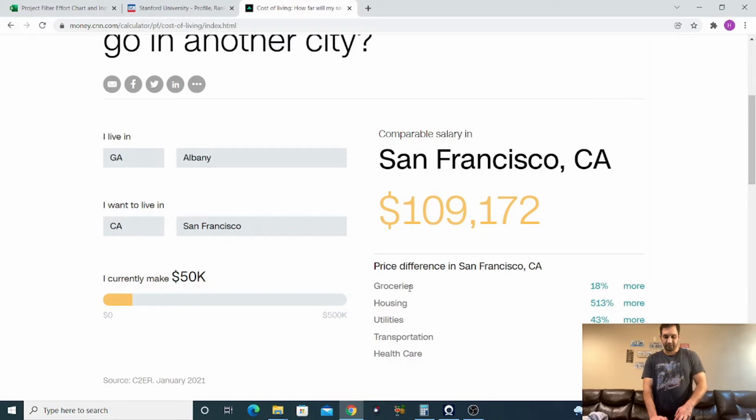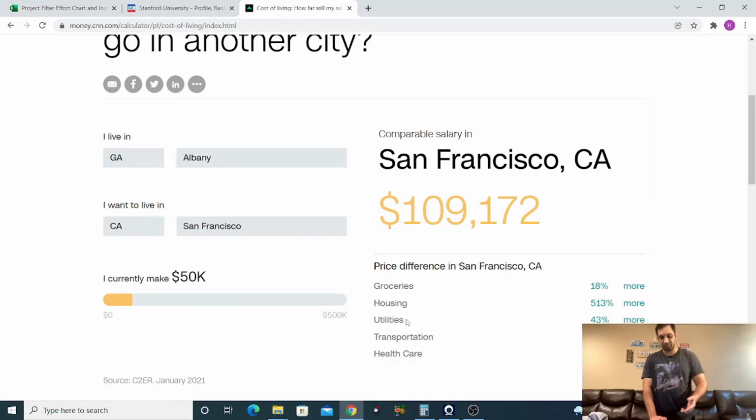So here you see a breakdown that's telling you housing is 513% more in San Francisco, California compared to Albany, Georgia. Your groceries are 18% higher, utilities are 43%.